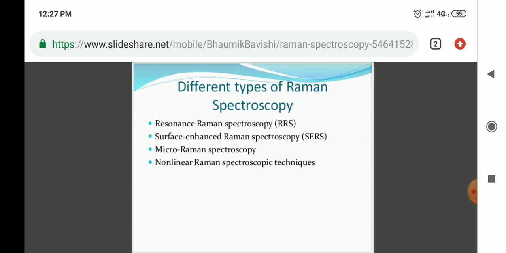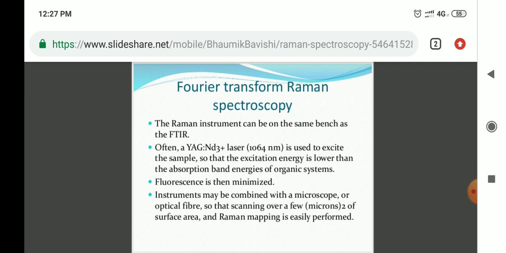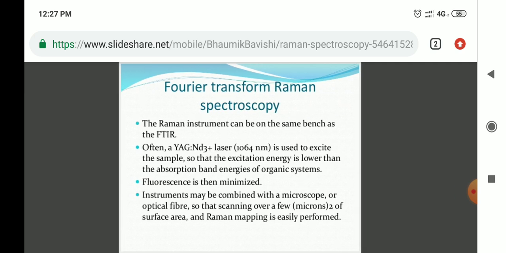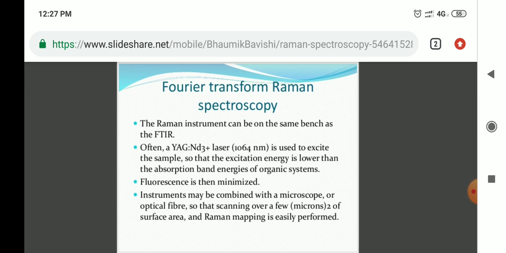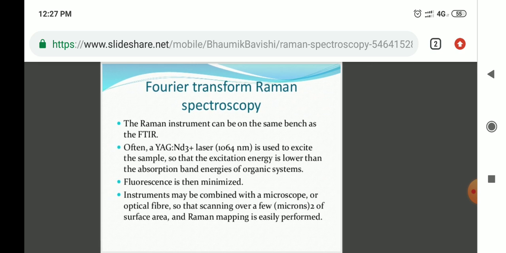And different types of Raman spectroscopy: resonance Raman spectroscopy, surface enhanced Raman spectroscopy, micro Raman spectroscopy, and non-linear Raman spectroscopy techniques. First is Fourier transform Raman spectroscopy. The FT Raman instrument can be on the same bench as the FTIR.